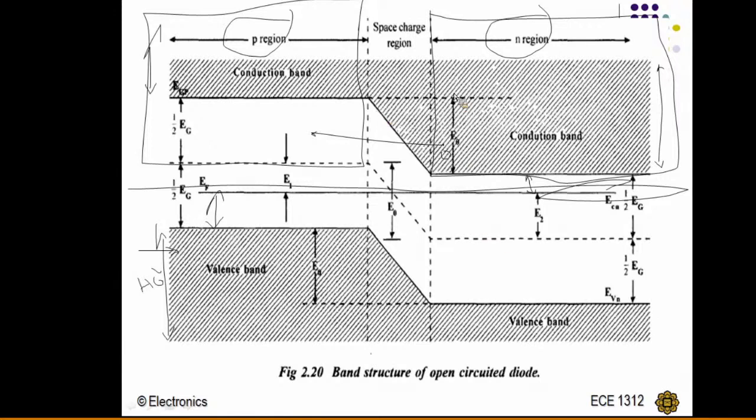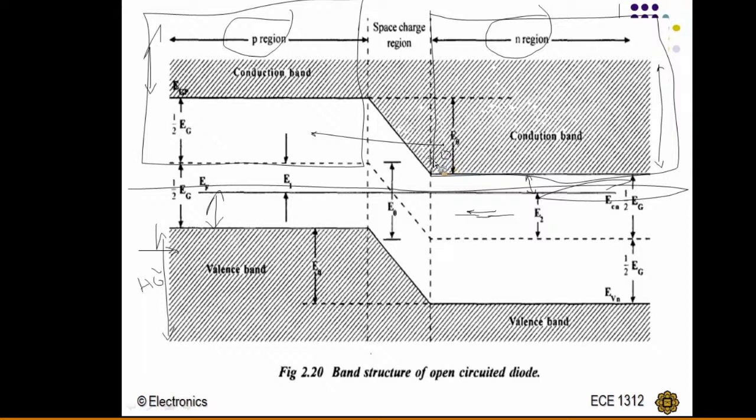In this case, it is not possible, because an electron can move very freely only if there is no barrier. This is what I'm calling a barrier. If the p-type band and the n-type band were both in the same line, then the electron could move easily from the n-type to the p-type.